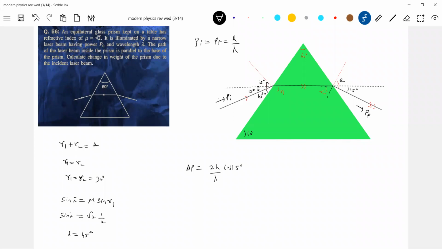In what direction it should be? Sine 15, sir. No cos, no, it will be y direction sine 15, no, sir. Sine 15 will come. Okay, that's fine.